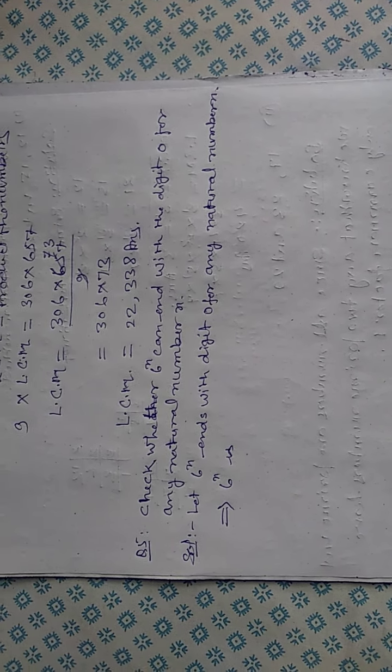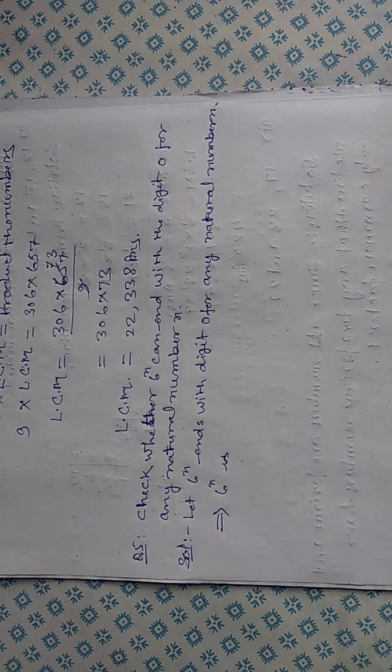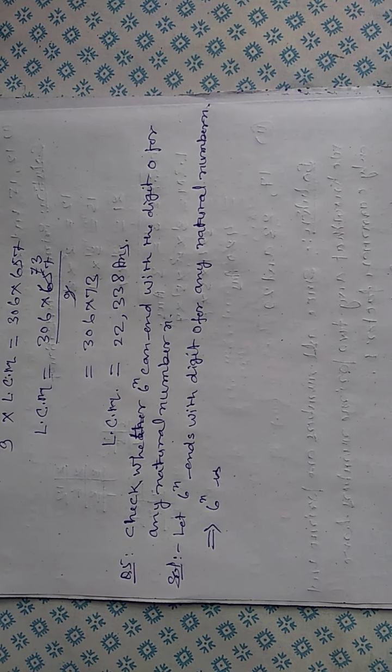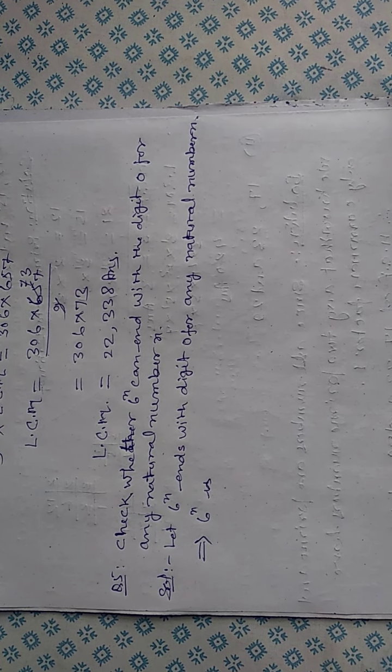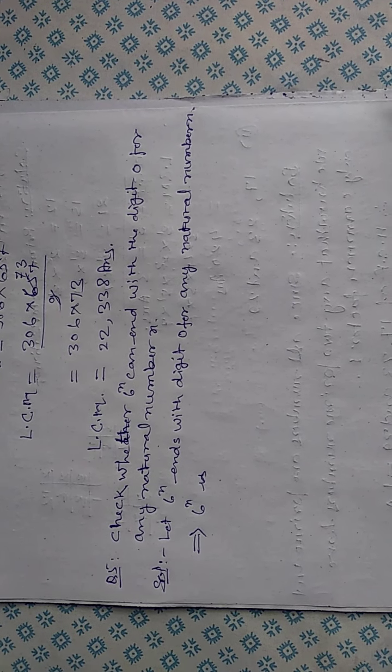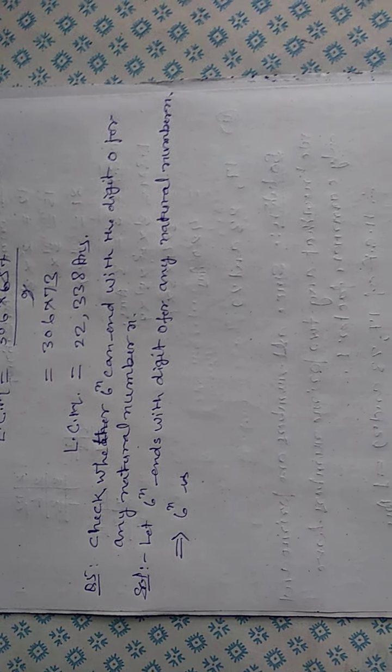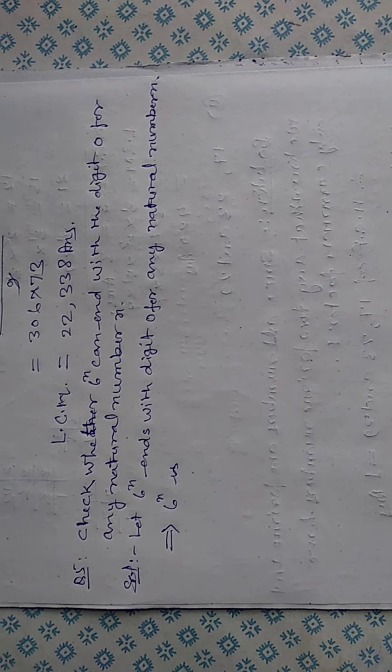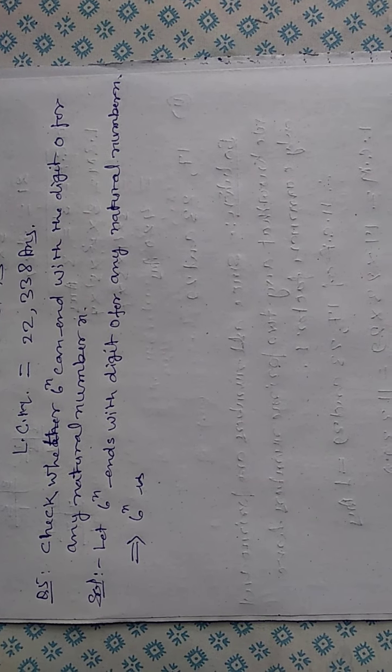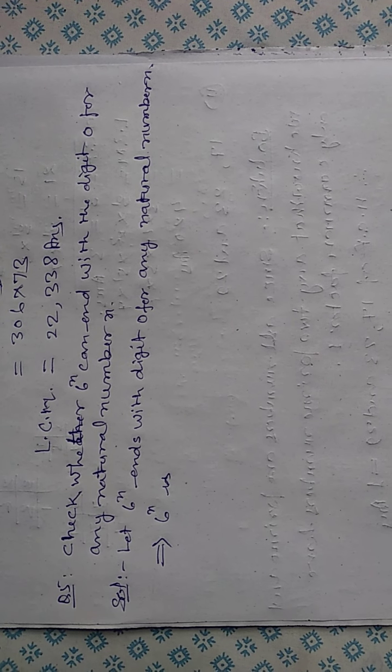Now question number 5. Check whether 6 power n can end with digit 0 for any natural number n. Now see, if any natural number ends with digit 0, then that number is divisible by 2 and 5 both.